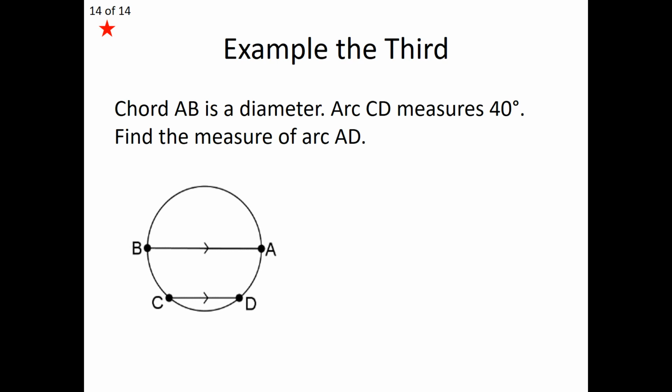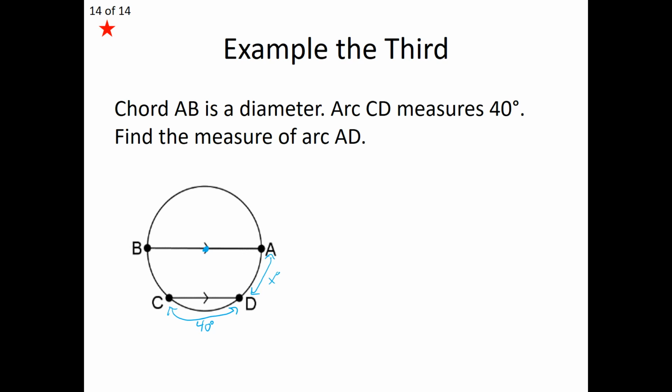We have chord AB, which is a diameter, which means yes, it passes through the center of our circle, and we have our arc CD, from point C to point D, measuring 40 degrees. What they're asking us to do is find the measure of arc AD. Let's just call it X degrees.